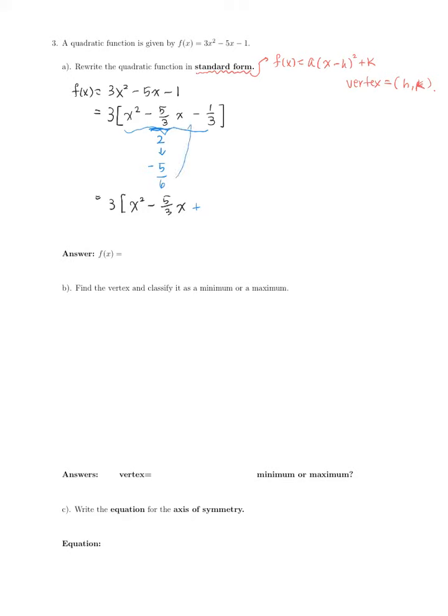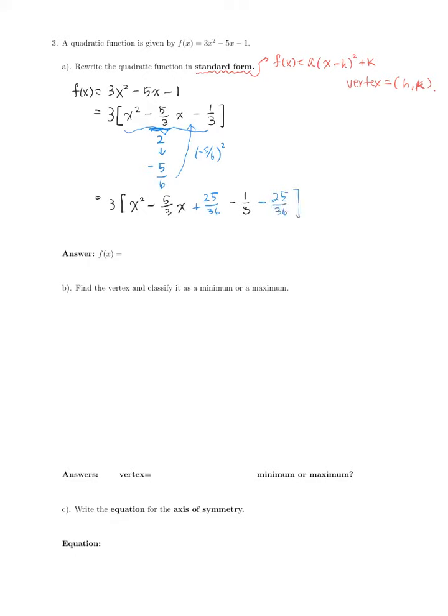Basically, you're gonna have to add negative 5 over 6 squared, which is 25 over 36. And then you still have that minus 1/3. But since you added 25 over 36 into that expression, you better be fair and subtract 25 over 36 as well.